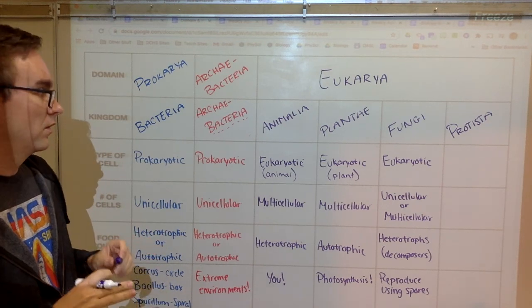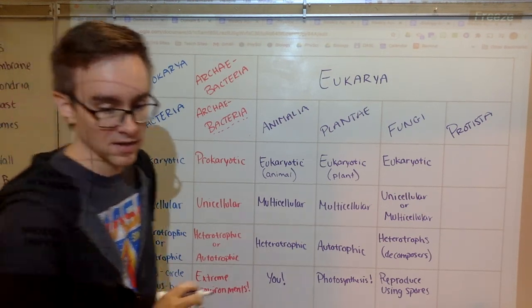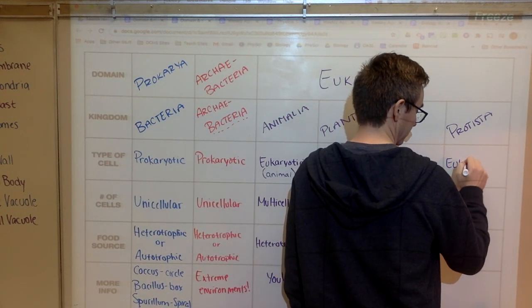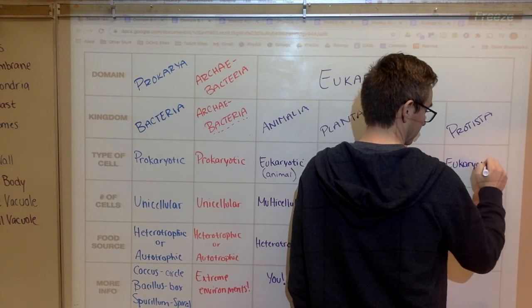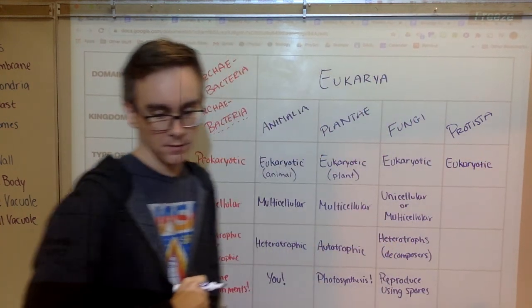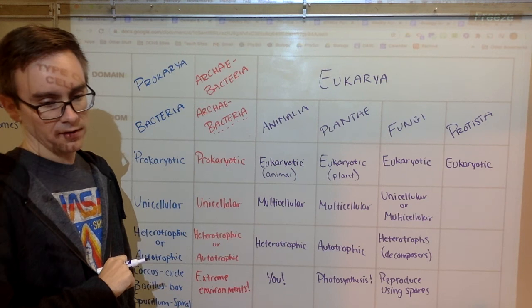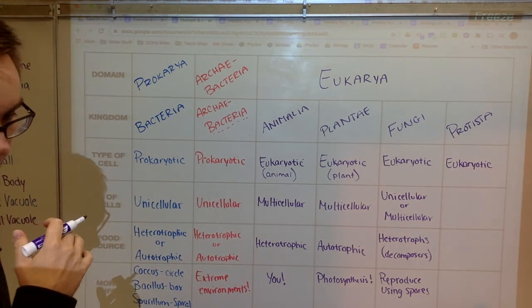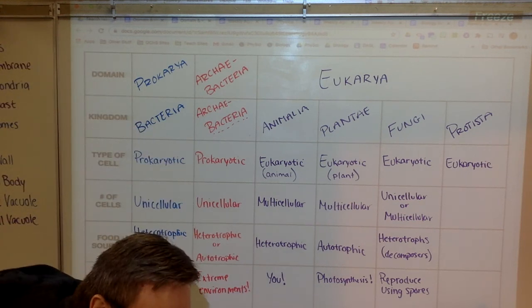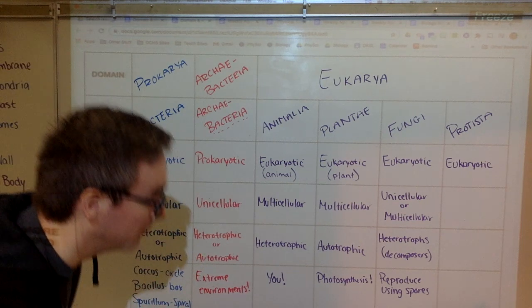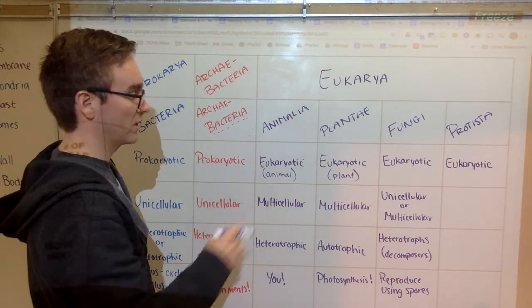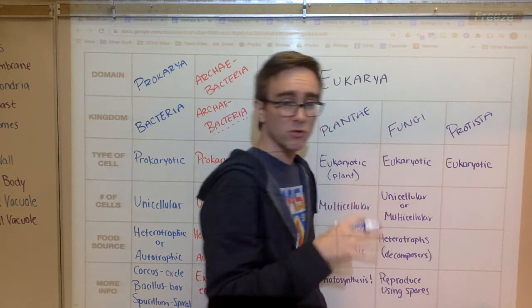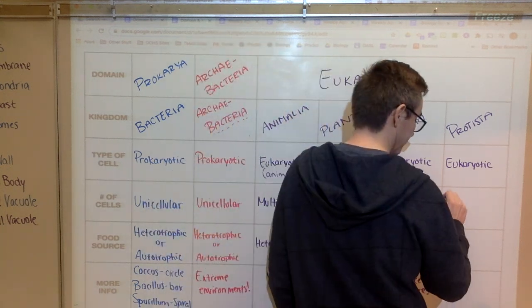All right. So they are made up of eukaryotic cells. They are unicellular or multicellular, although they are mostly unicellular.